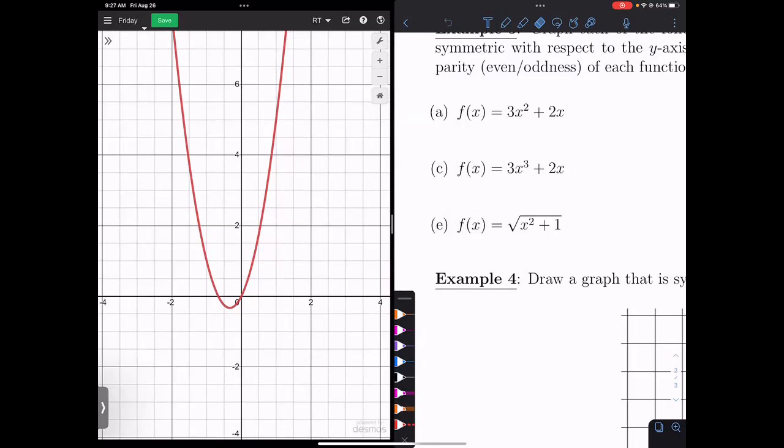This does pass through the origin. It does have kind of the right shape, right? It's got the same kind of self-symmetry. It's the same shape as x squared, but what we're talking about is, is it symmetric with respect to the y-axis? So if I hold the y-axis still and flip it over, do I get the same picture? No. Same shape, but wrong place, right? It would move to the other side.